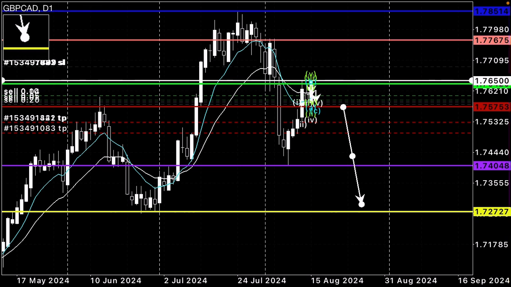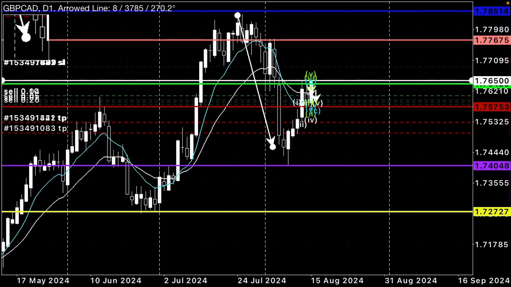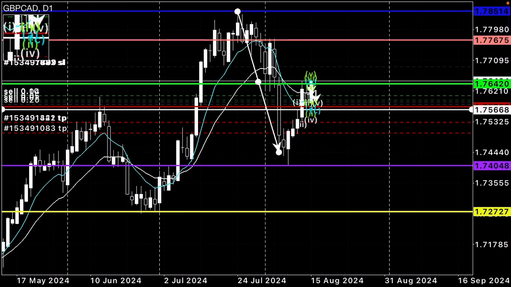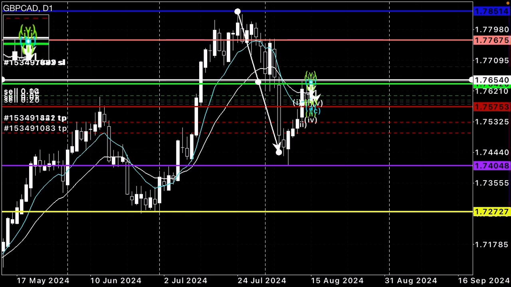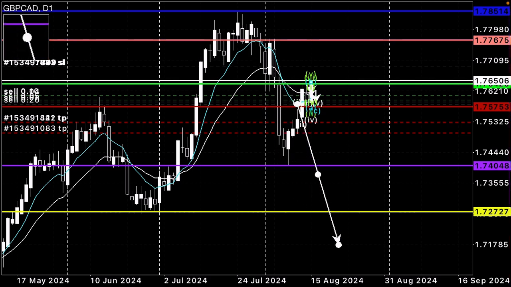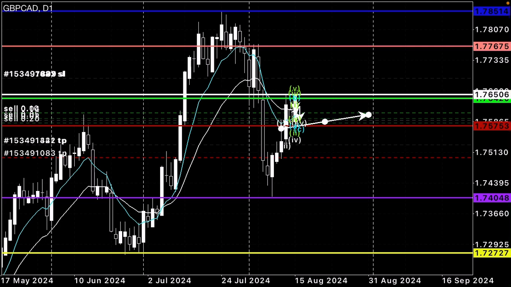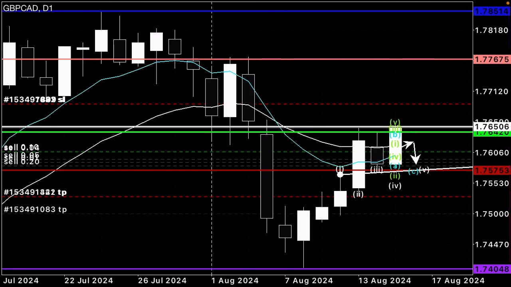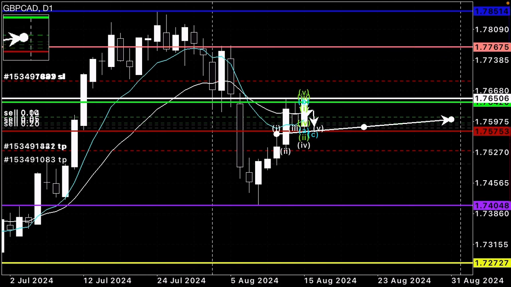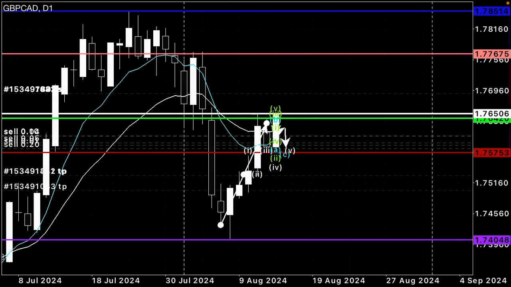So if it did come down for a C wave, if this is an A wave, and if this is a B wave, it's possible that the B wave could continue up to wherever it wants to go.